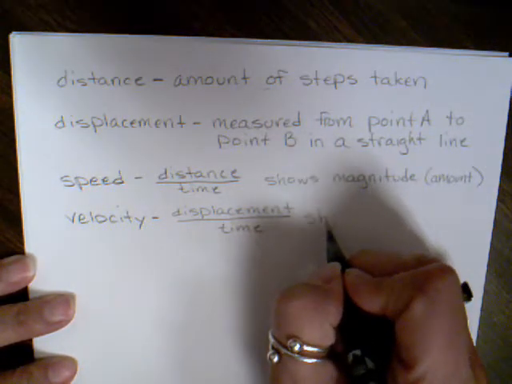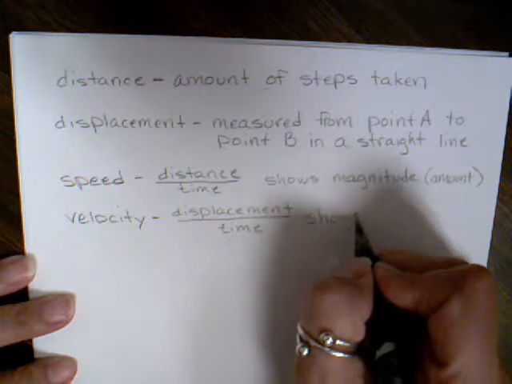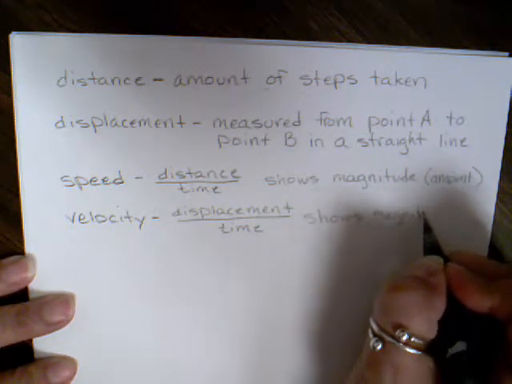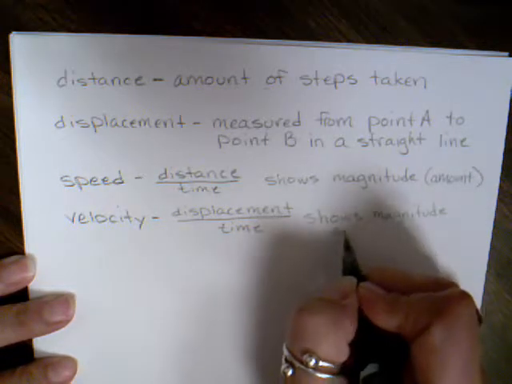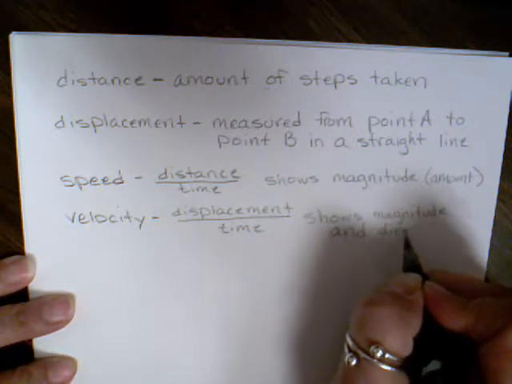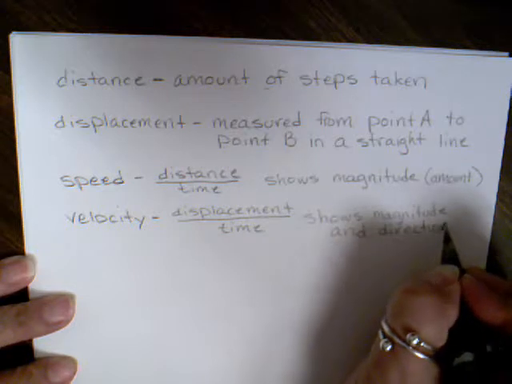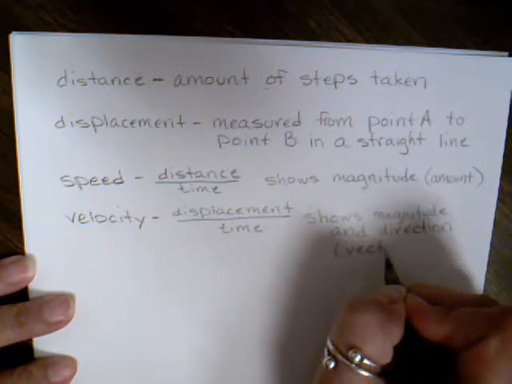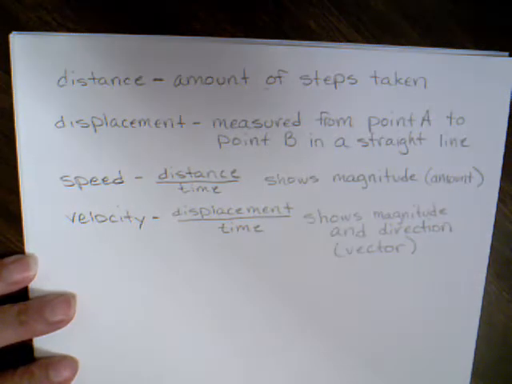Displacement, or I'm sorry, velocity, shows magnitude and direction. So velocity is a vector. Anything that shows direction is a vector.